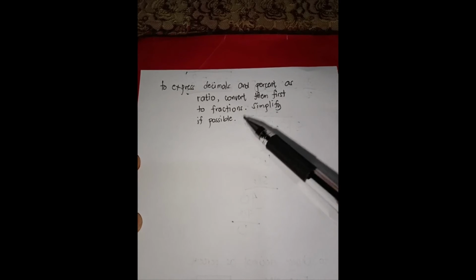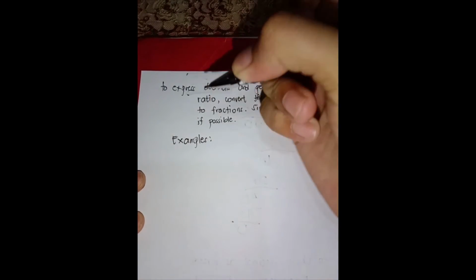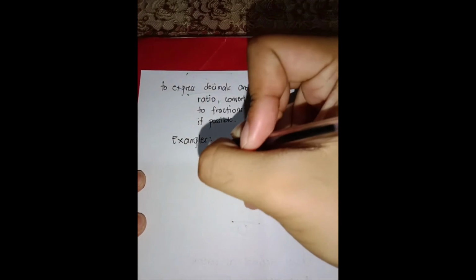Okay, so next is to express decimals and percent as a ratio. So first, convert them into a fraction and then we will simplify it. So for example, I have here a sample, 0 and 75 hundredths.